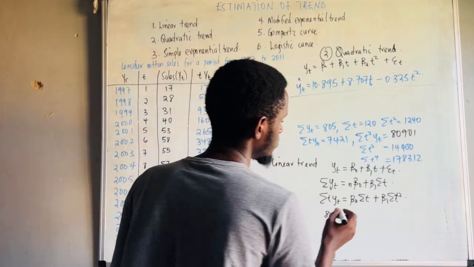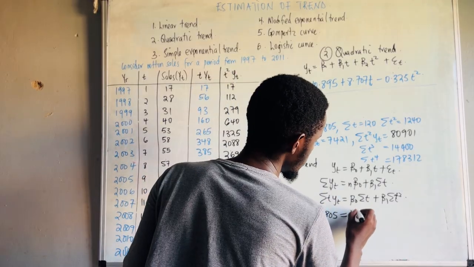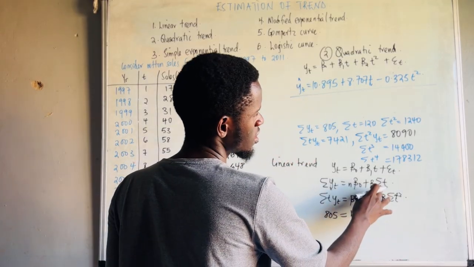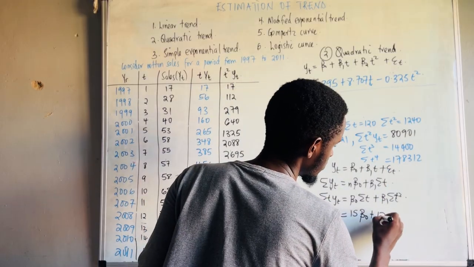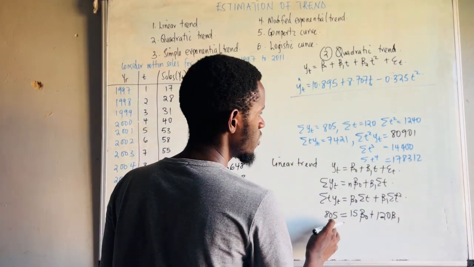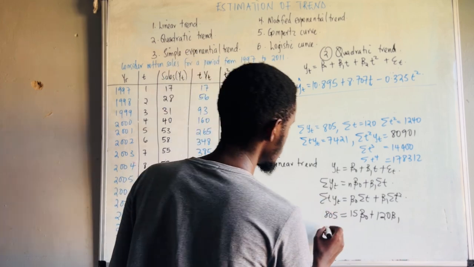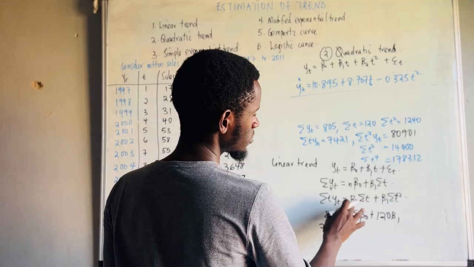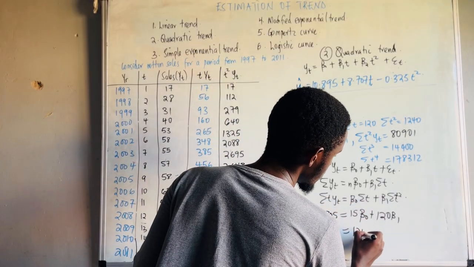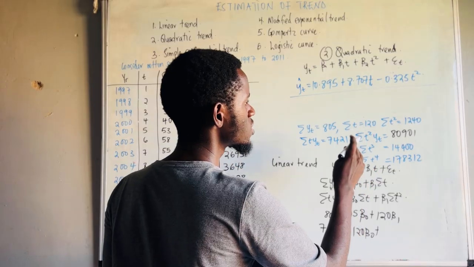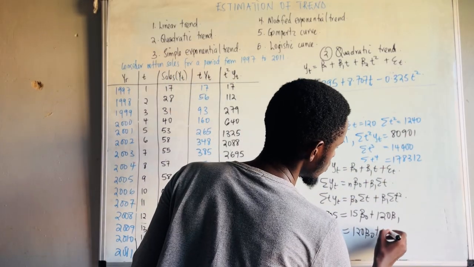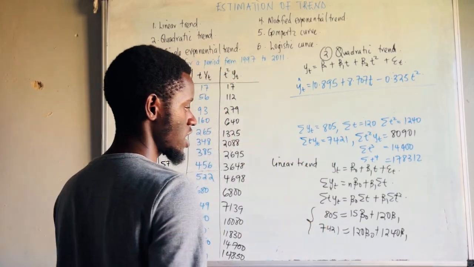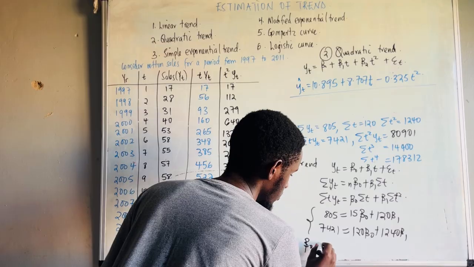Now since we have all these values, n times beta naught, and beta 1 is the summation of t. You have 120 beta 1, and then we also have summation of yt is going to be 7 equals summation of 120 beta naught plus summation of t squared times beta 1, like that.